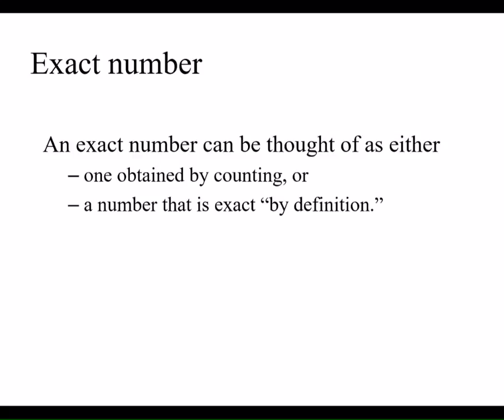So if you're in a classroom with 13 people, we say there are 13 people in that classroom. We would not say the digit in the 1's place is uncertain. There's not 13 plus or minus 1. No, there are exactly 13 people because we got that by counting.